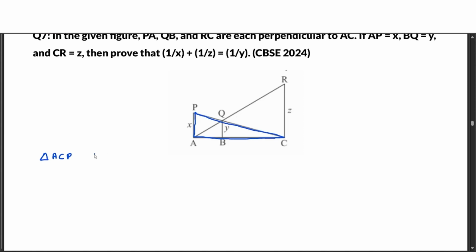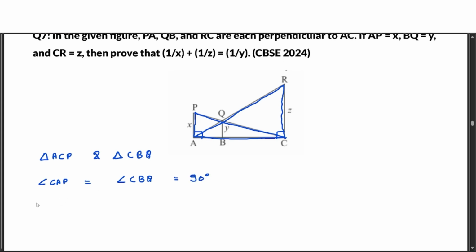And the second one, you can take triangle CBQ, which means this bigger triangle. Now, the base angle is 90 degrees in both, so angle CAP is equal to angle CBQ is equal to 90 degrees, given reason.